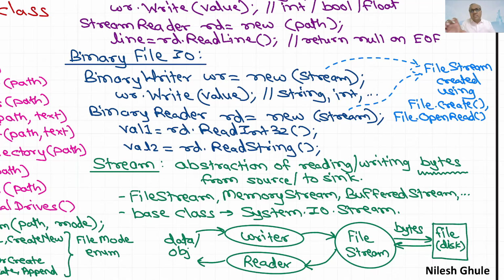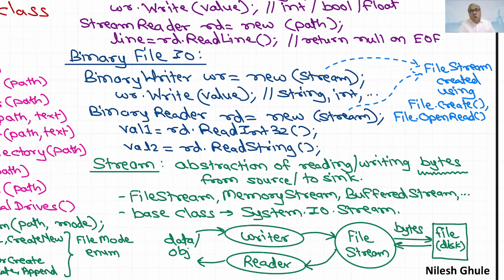This stream is just an abstract concept, but multiple classes are inherited from it. One class is the FileStream class, which is primarily responsible for writing bytes into the file or reading bytes from the file. For that, the stream class has the write method and the read method.